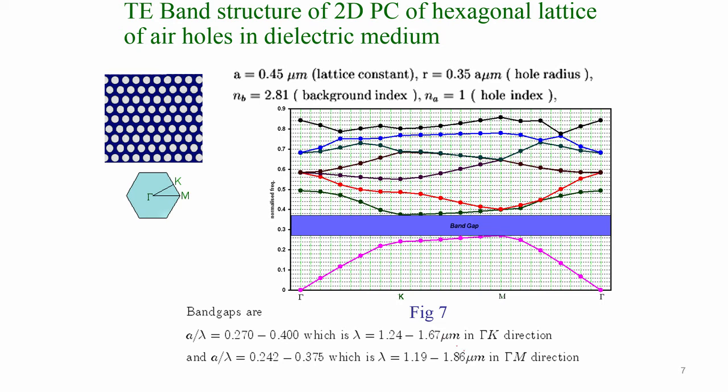You have these band gap properties. In the gamma-K direction you have 1.24 to 1.67, and in this direction you have 1.92. So, you observe that in the different directions it has different properties, and we have to choose the crystal parameters properly in any given design.